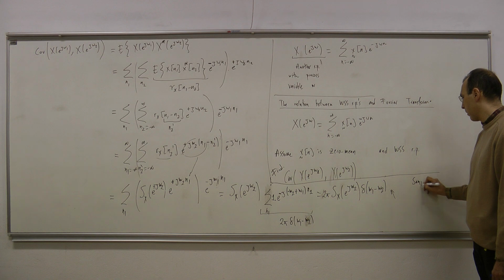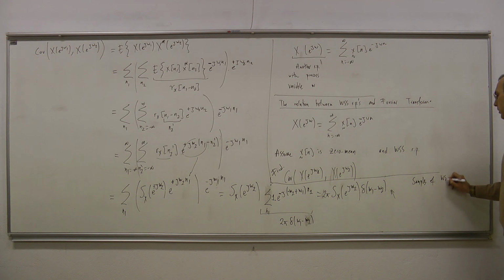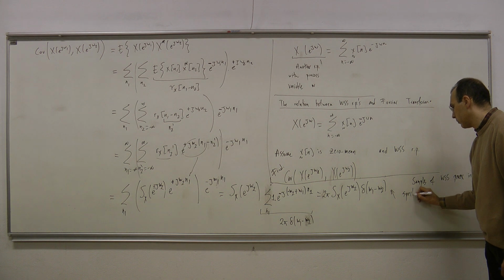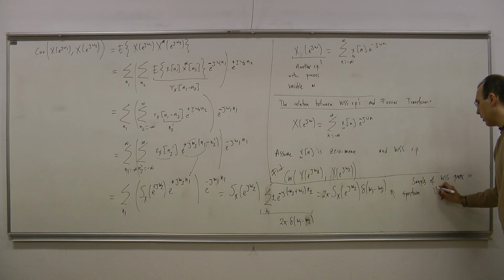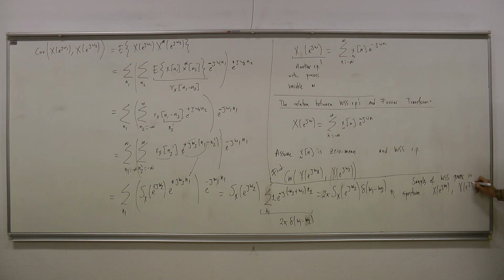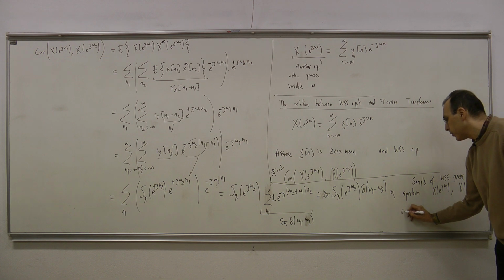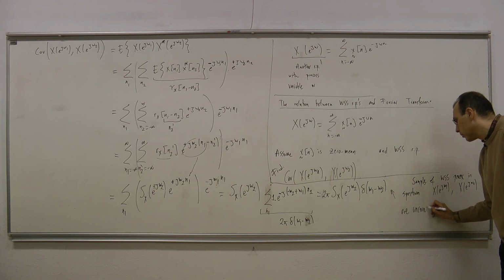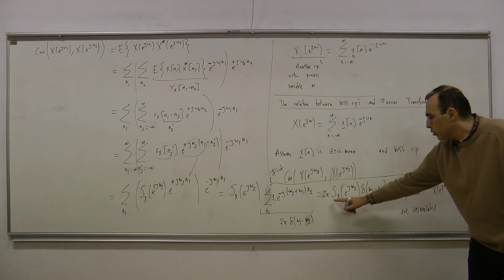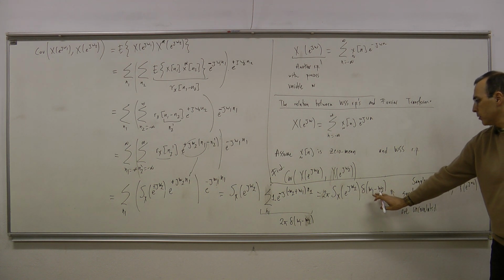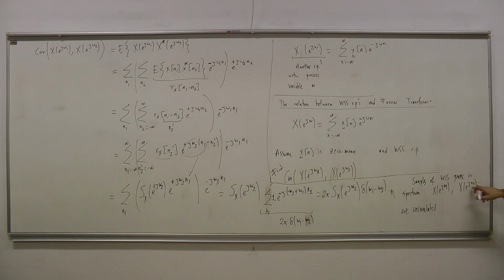Samples of a white sense stationary process in spectrum, that is X e to the j omega 1 and X e to the j omega 2, are uncorrelated, because as you see, their covariance is equal to 0 unless these two sampling frequencies are the same. Of course, I'm assuming omega 1 is not equal to omega 2.